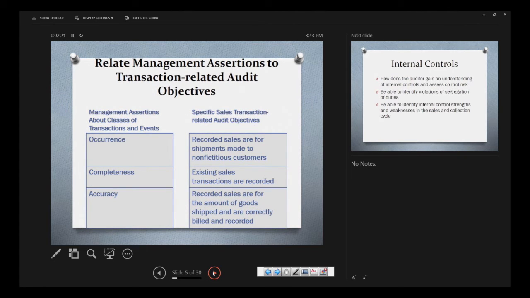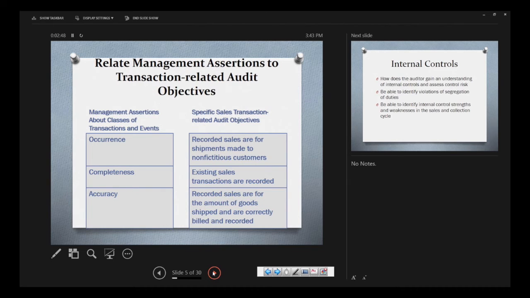When I talk about transaction-related audit objectives, remember, the objective of the audit is for auditors to gather evidence about the assertions that management makes. So if management's assertion is about occurrence, what the auditors are trying to gather evidence about is that sales are for shipments, right?